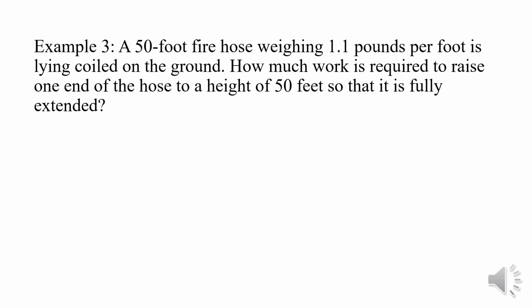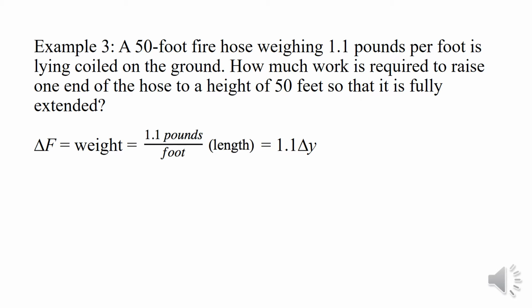Okay. Example 3 says a 50-foot fire hose weighing 1.1 pounds per foot is lying coiled on the ground. How much work is required to raise one end of the hose to a height of 50 feet so that it fully extends? Again, we know that the force equals weight, which is 1.1 pounds per foot times length. So we get 1.1 delta y.